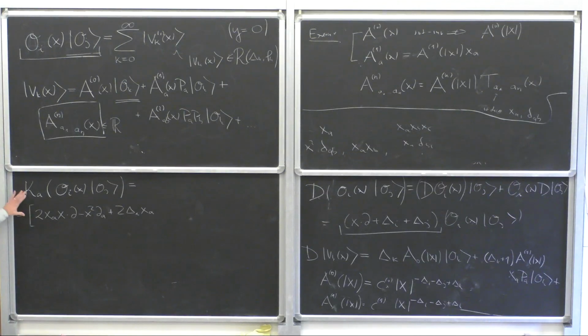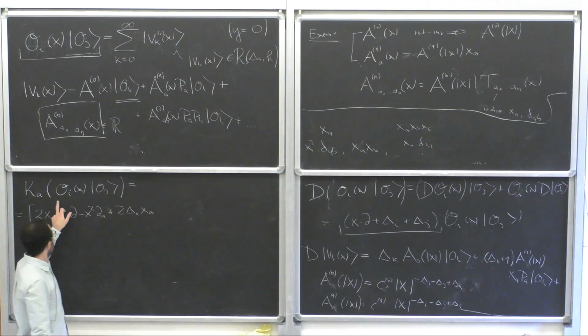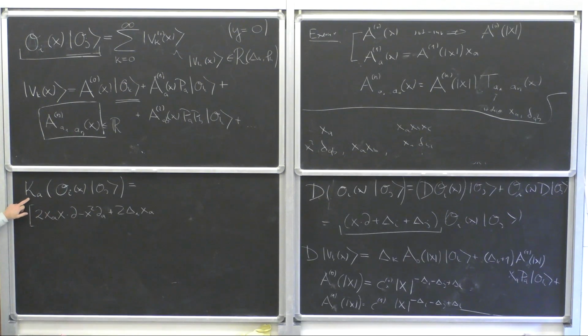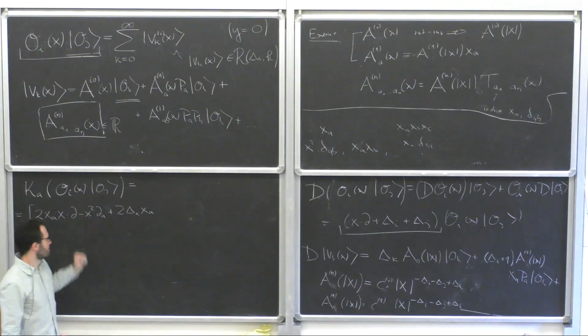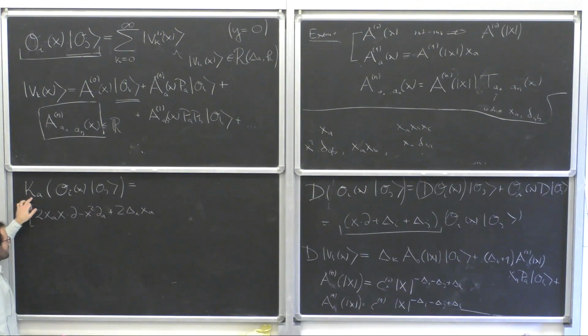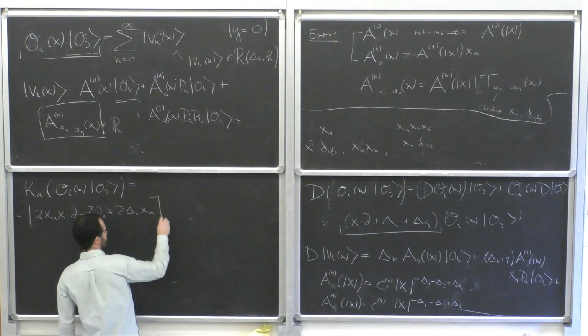This is from acting on Oi of x. And when Ka acts on Oj, what do we get? Zero. It's a primary, so K annihilates it, so we just get that.